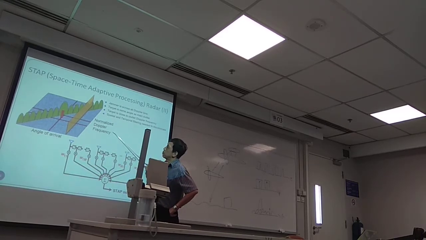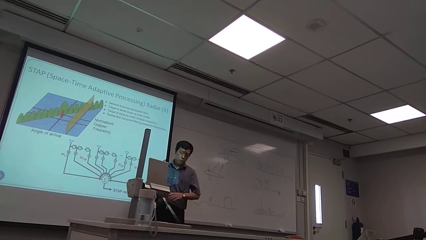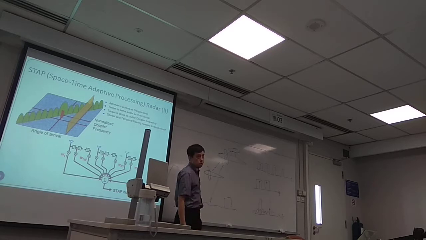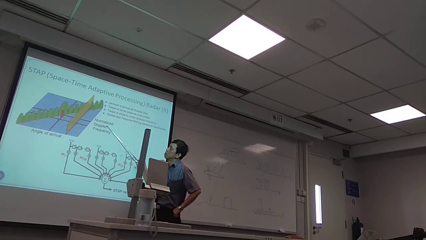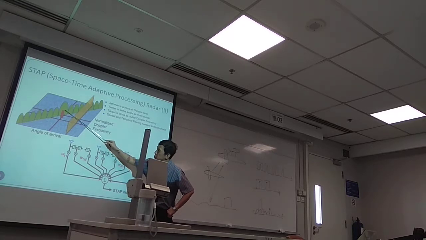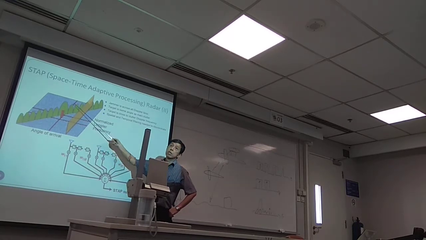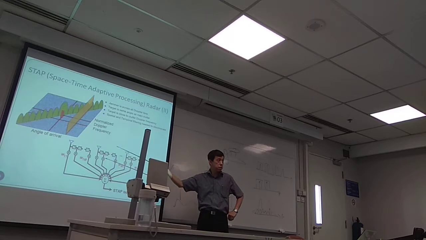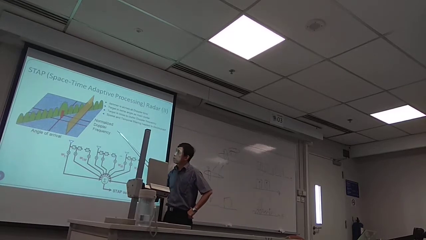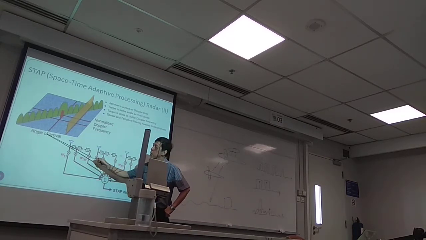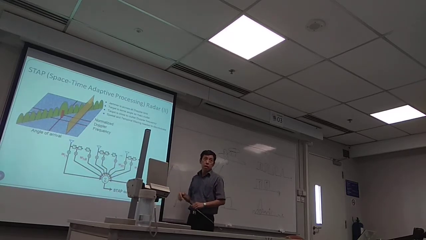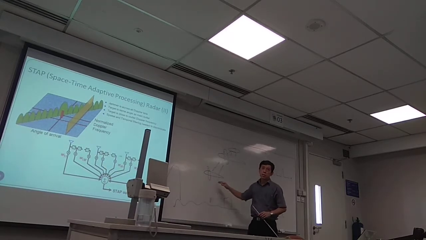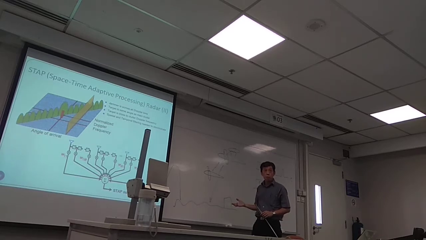And as for your Doppler frequency or frequency domain, because of the Doppler shift, as I said earlier on, the Doppler shift gives rise to a broadband signal. So you will see that your target is embedded in your background power spectrum. So in both the frequency domain and the directional domain, you see that the target is actually hiding inside the clutter signal. All right, so that is a problem.